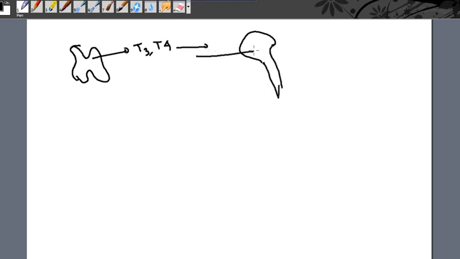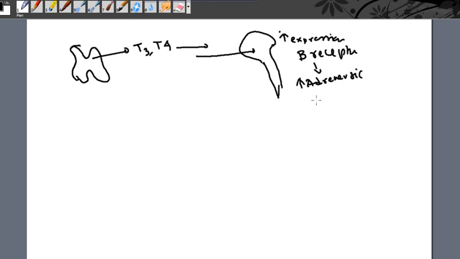And when they enter into your central nervous system, there is increased expression of beta receptor in the central nervous system, and this leads to increased adrenergic activity in the central nervous system.